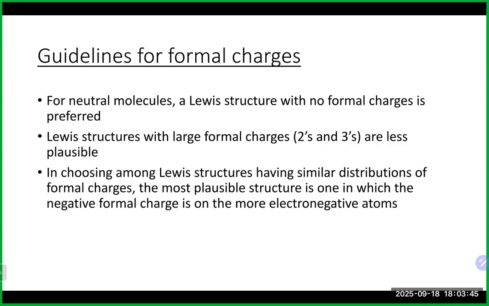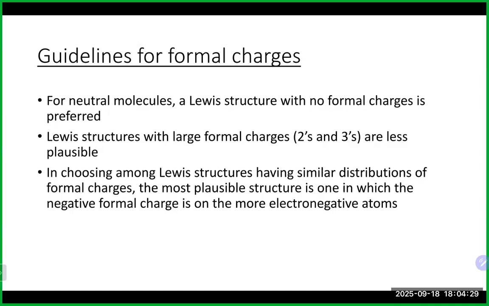As I mentioned before, if you have Lewis structures with large formal charges like 2s and 3s, those are probably not the best structures. Also, if you have Lewis structures where there are a lot of charges all over the place versus a molecule where there's not very much formal charge, that's also not a good situation. If you're choosing between similar distributions of formal charges, the one where the negative formal charge ends up on the more electronegative atom is more likely a better structure than one where the negative charge ends up on the least electronegative atom.